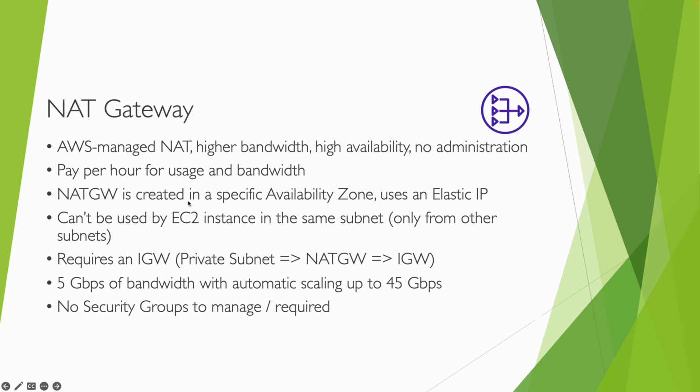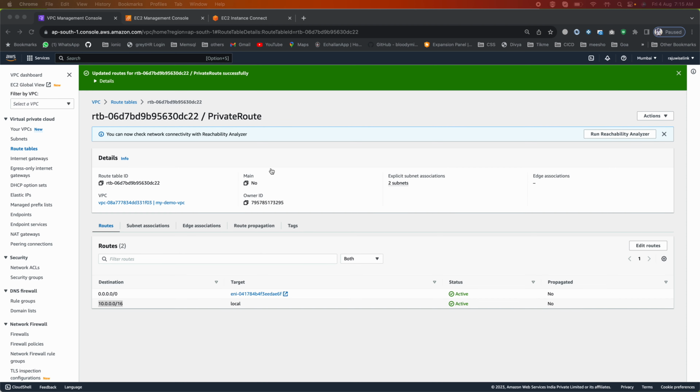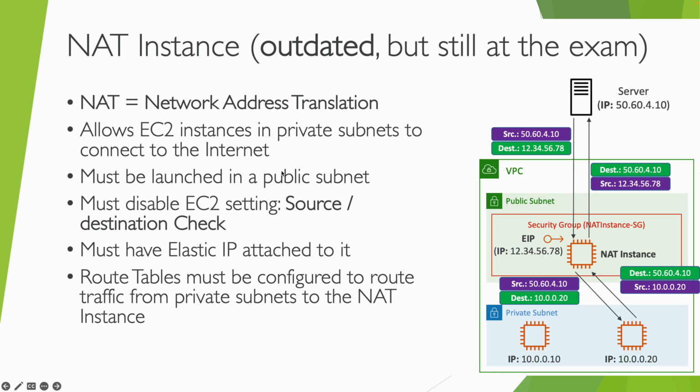A NAT gateway is created in a specific availability zone and uses an elastic IP. Whenever you use a NAT gateway, you need to create it in the availability zone, and it can't be used by EC2 instances in the same subnet. So if you have an EC2 instance in a subnet, you cannot create the NAT gateway in that same subnet.